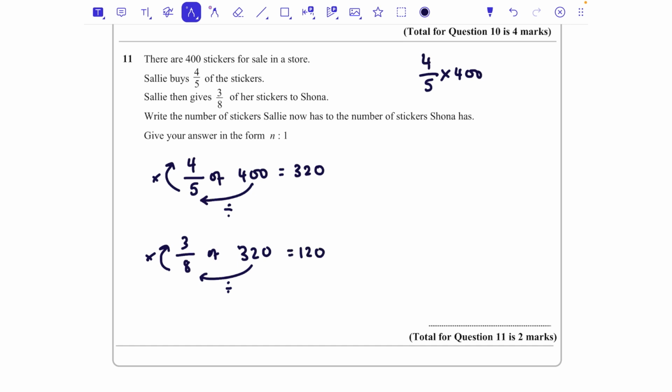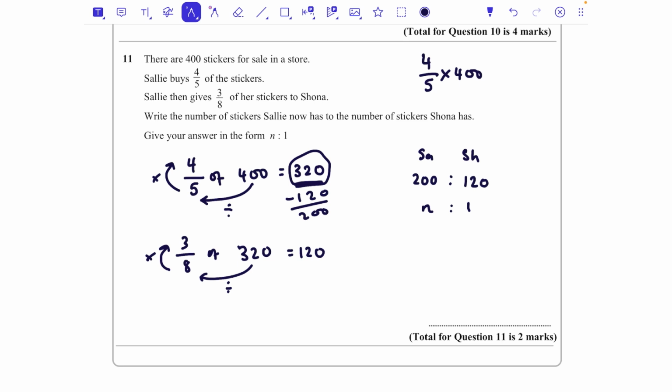So Shona now has, we've got to write as a ratio, so Sally to Shona. Shona's now got 120. Sally has 200 because she's given 120 of these to Shona. So if we take that away from 320, she's left with 200 and Shona now has 120. Now we need to write our answer. This ratio needs to be something to 1.